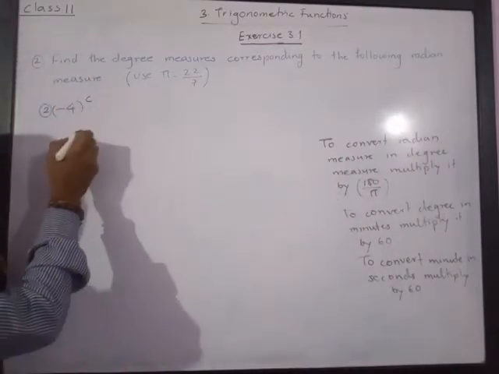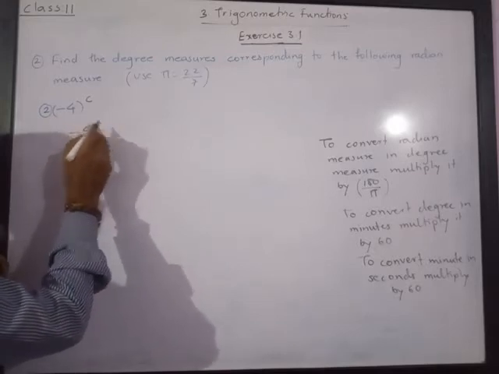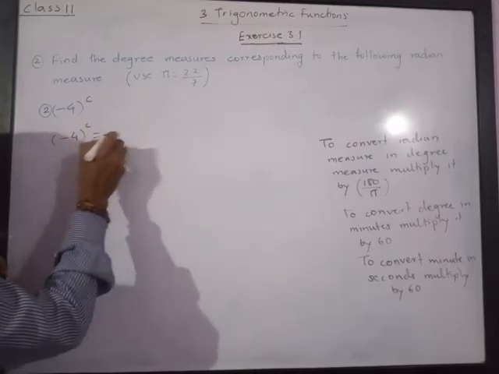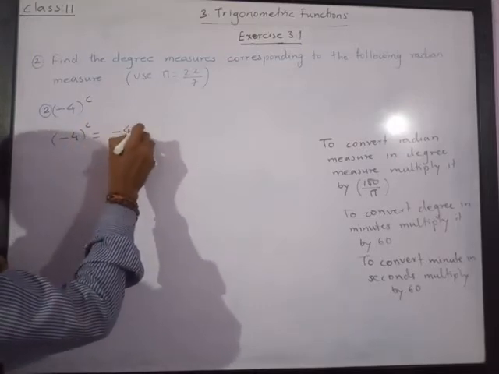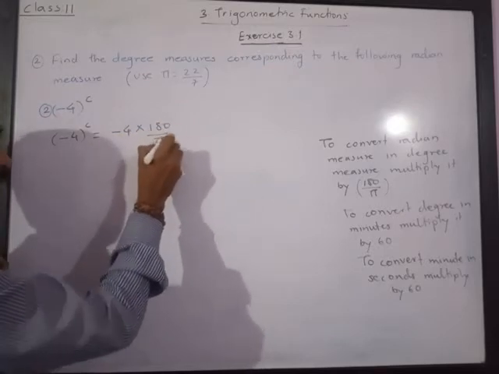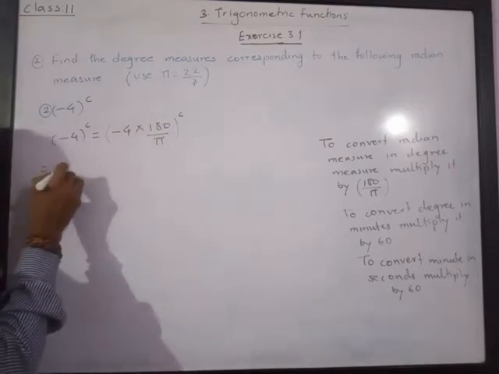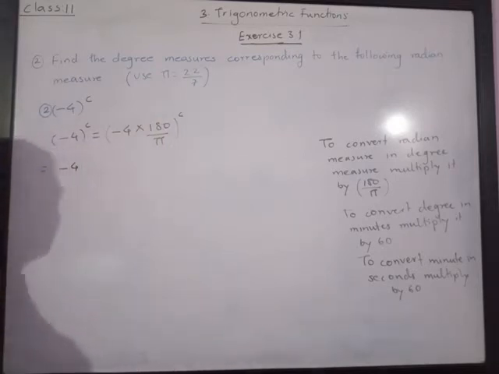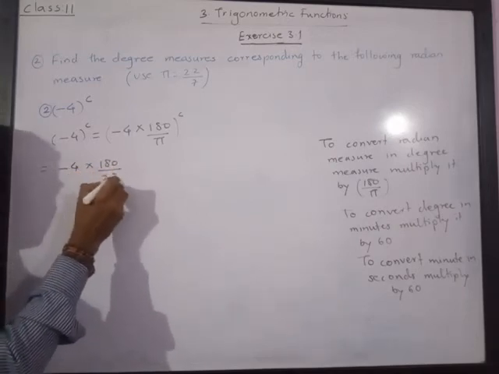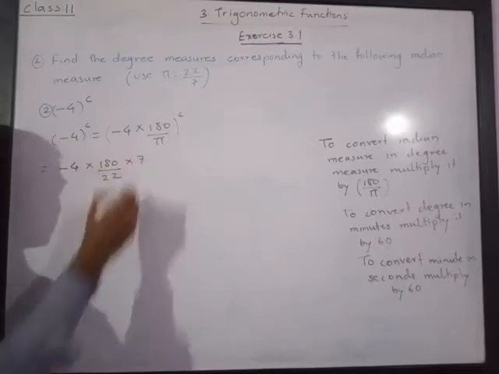So -4 radians is equal to -4 multiplied by 180 upon pi. So this becomes -4 multiplied by 180 upon 22 upon 7, and 22 upon 7 will go upside down, like this.